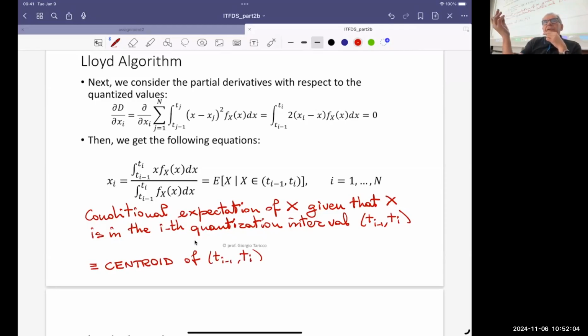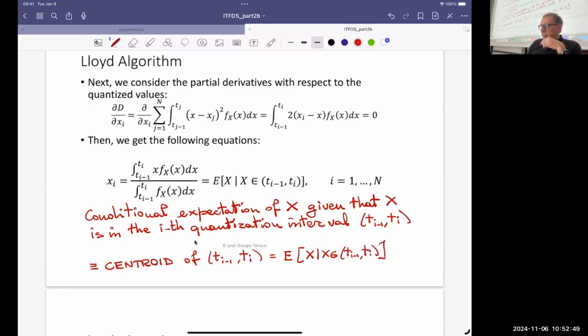If the distribution is not uniform, it is a point inside the interval that in physics would represent the gravity center of the interval with respect to a mass distribution given by the probability density function. We call this the centroid of this interval given the probability density function.